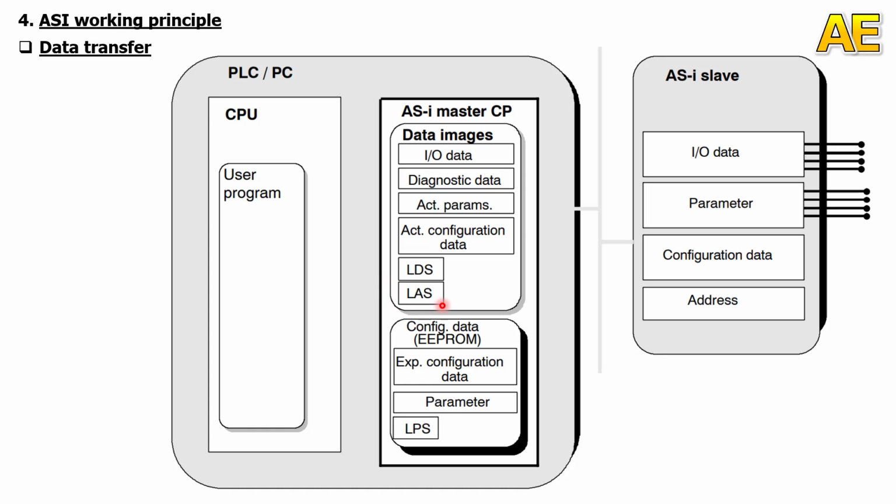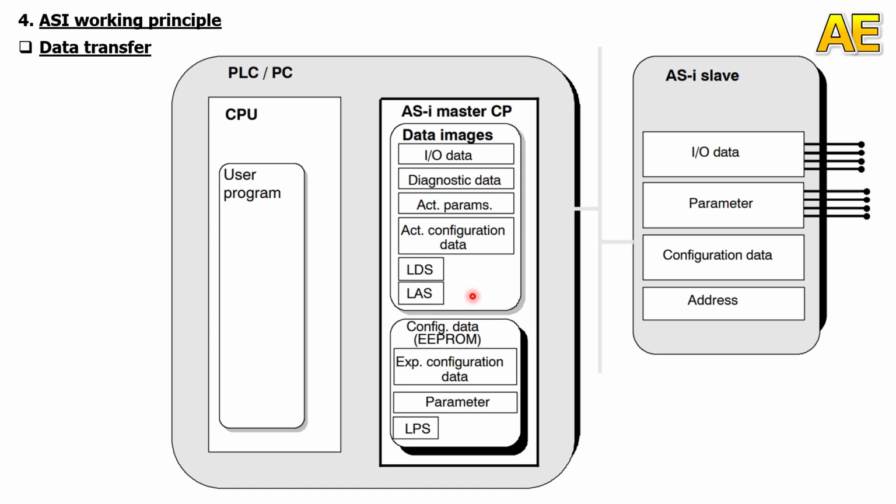It stands for list of activated slaves. It specifies which ASI slaves were activated by the ASI master. The I/O data are only exchanged with activated ASI slaves.